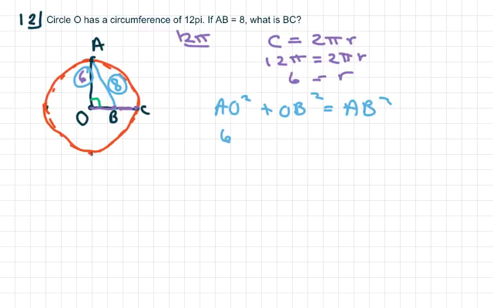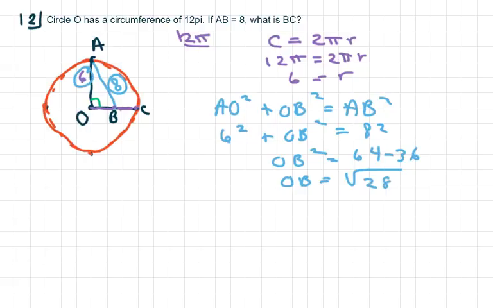So this is 6 squared plus OB squared equals 8 squared. We get OB squared equals 64 minus 36. So OB equals the square root of 28. This can reduce to 4 times 7, which is 2 square root of 7 equals your OB.